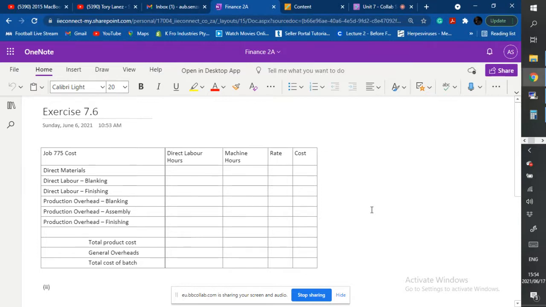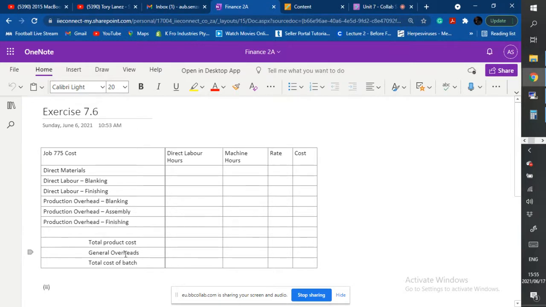Remember, before we were only calculating the total cost of a project. Now we're calculating the total cost of a batch. Can you see we have different projects here? We have the material, blanking, then assembling, and then finishing. So those are the 3 projects that we have.